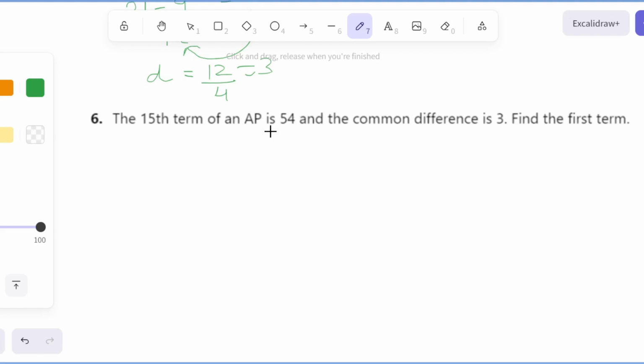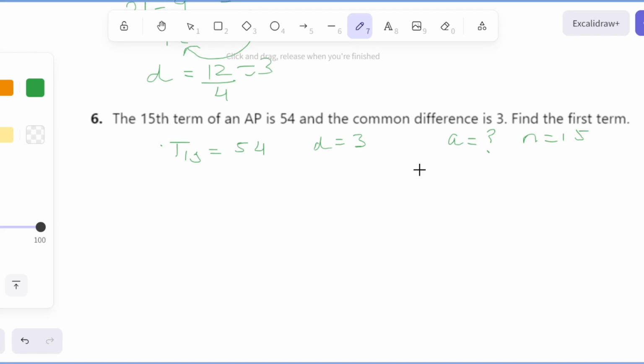In the previous one, the first term was given and we were finding the common difference. In this case, we are given the common difference and we are finding the first term. So let's write down what is given. The 15th term, T15, is given as 54, and the common difference is 3, so D is 3. A we need to figure out, and n is 15.